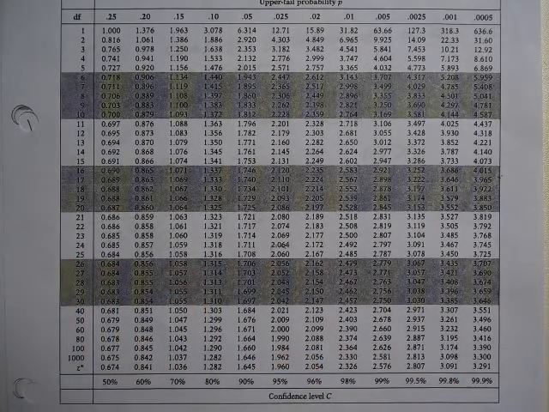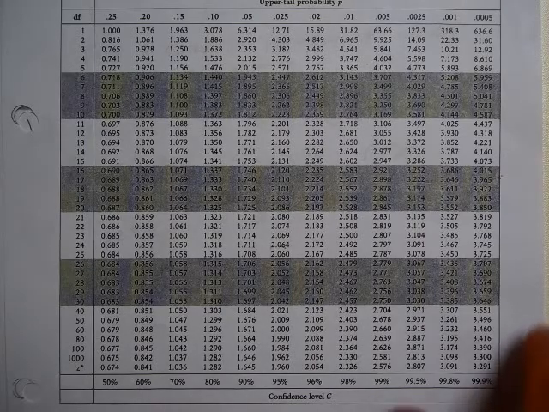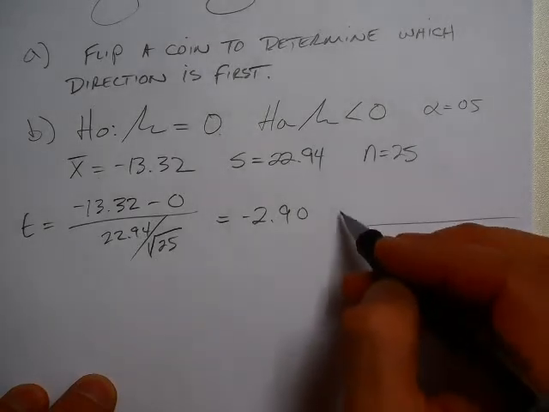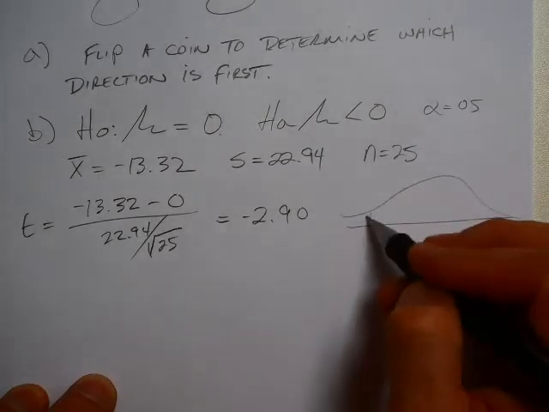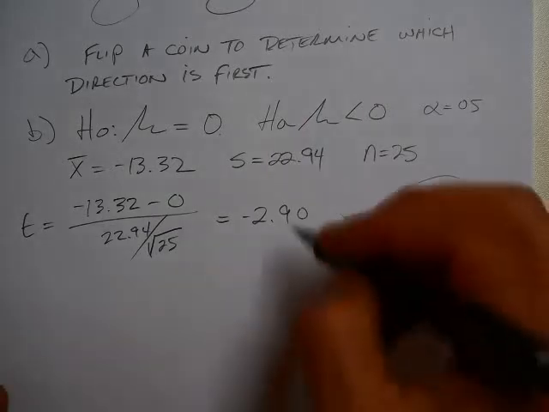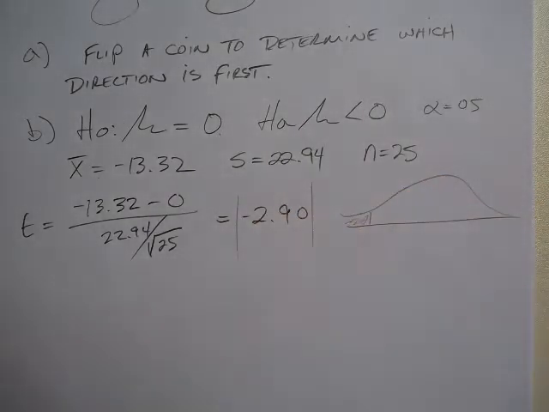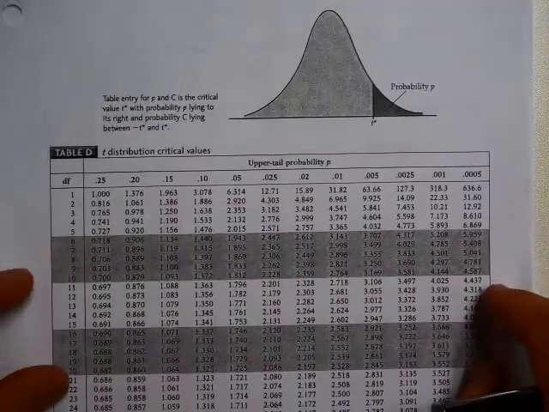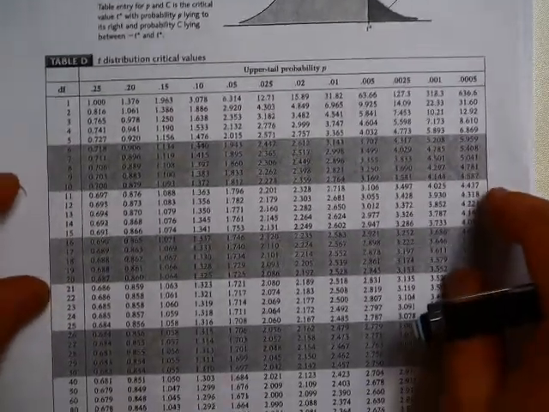What do I do? You have to look at the positives. So this only looks at the upper tail, but in this problem we've got a lower tail. So we have to basically take that as an absolute value. It's sort of switching it to the upper, but we know that we're talking about the lower.